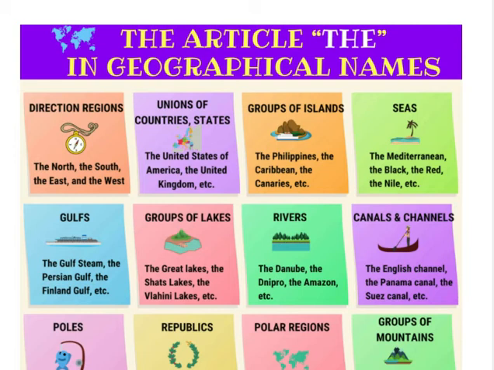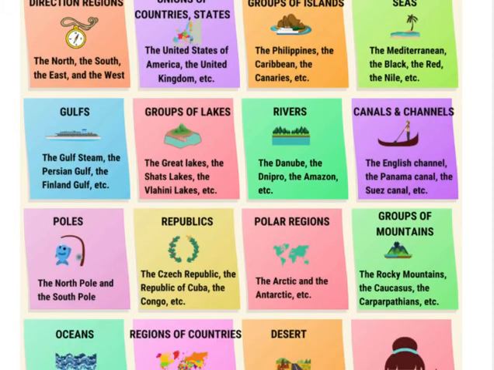Seas, the Mediterranean, the Black, the Red, the Nile. Gulfs, the Gulf Stream, the Persian Gulf, the Finland Gulf. Groups of lakes, like the Green Lakes, the Shatz Lakes, the Vlahini Lakes.